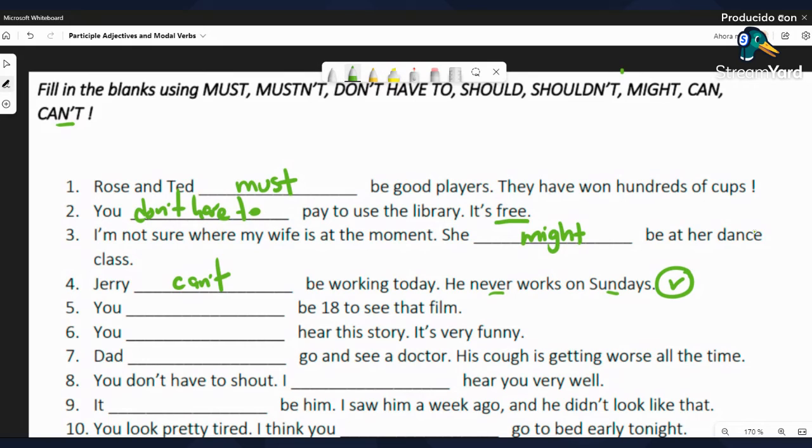Number five, it says you be 18 to see that film. What do you think here, guys? What is the correct answer? You be 18 to see that film.